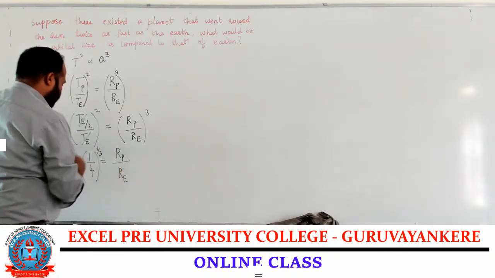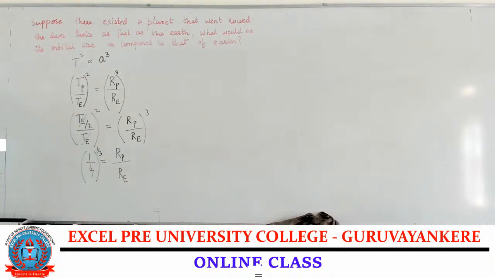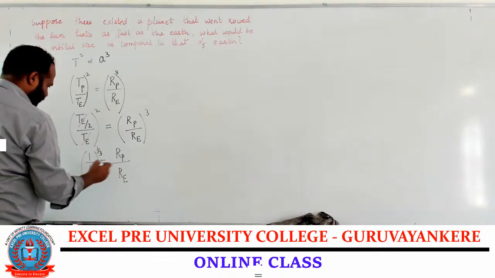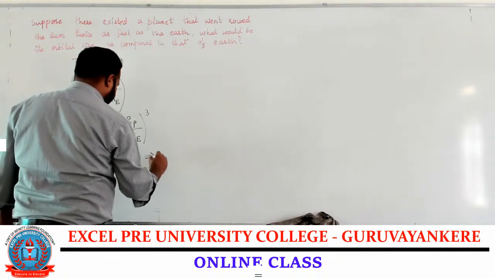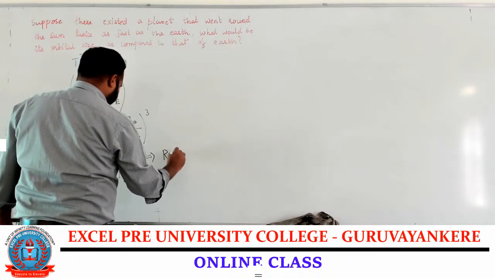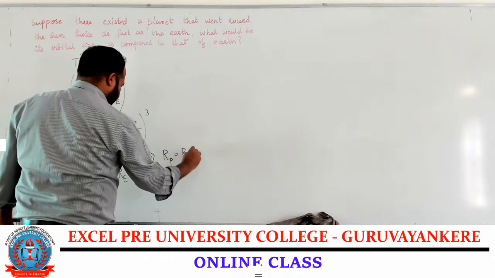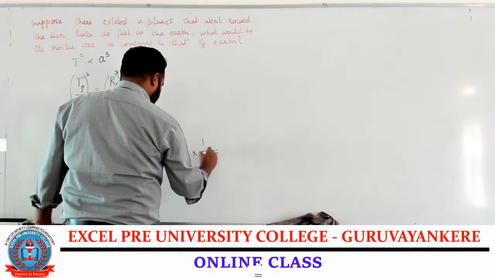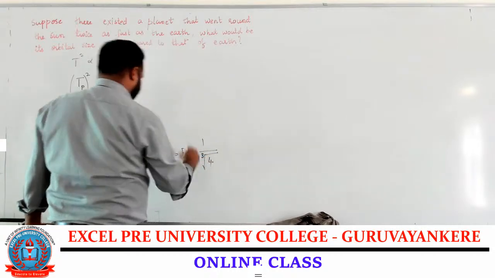So that is cube root of this. Okay, that is cube root. So RP will be RE into 1 by cube root of 4.